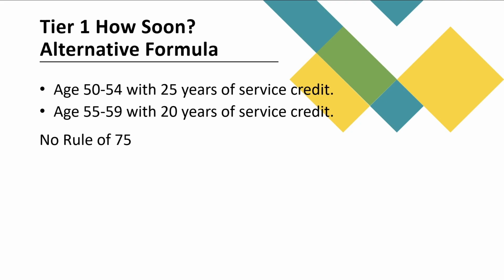There is no rule of 75 for any alternative formula folks, meaning you can't be 51 with 24 years of service credit. That individual would have to work one more year where they would be 52 with 25 years of service credit. Then both of those criteria are fully met and that person would become eligible to retire.